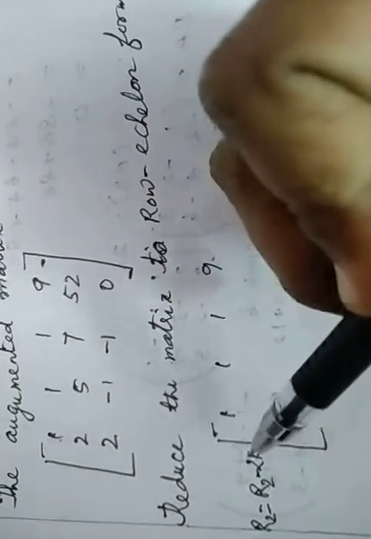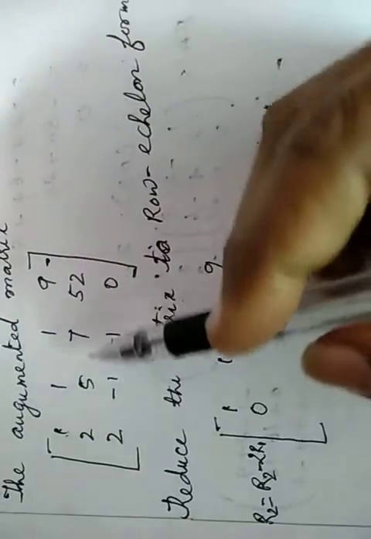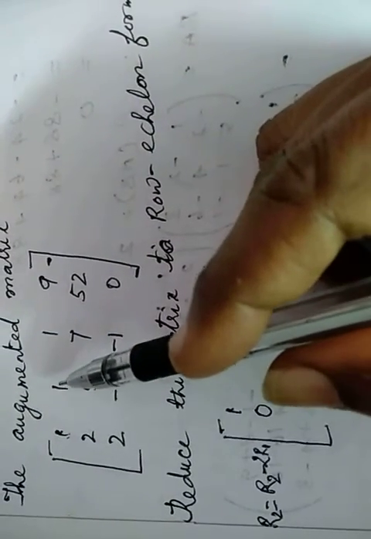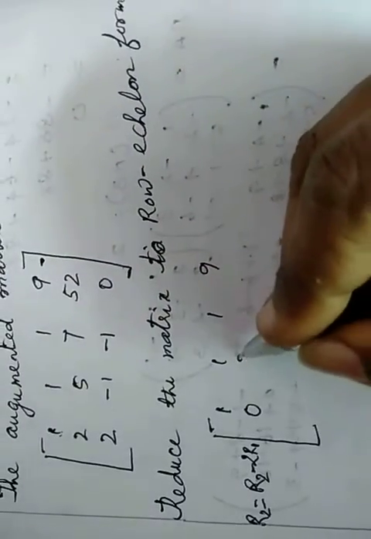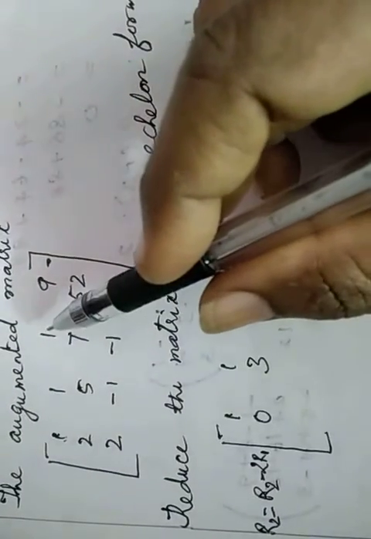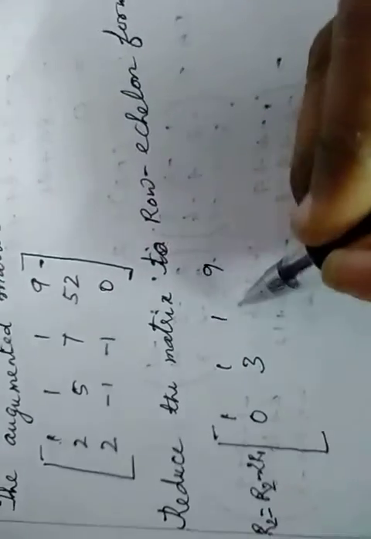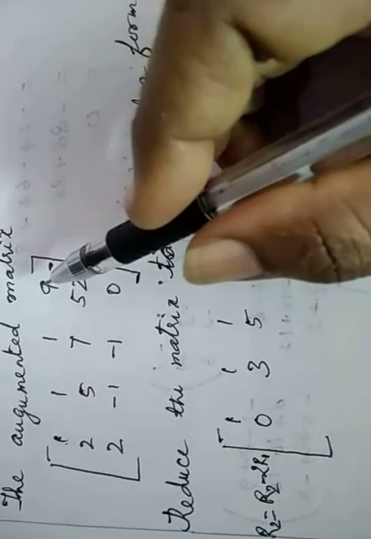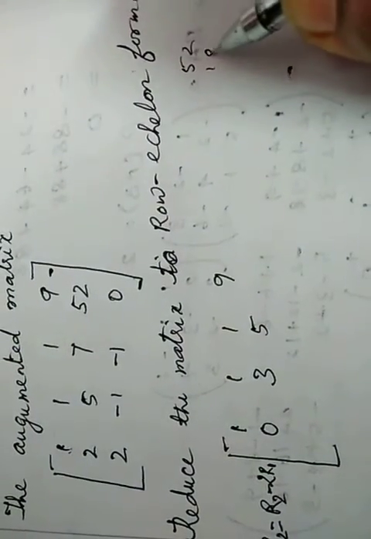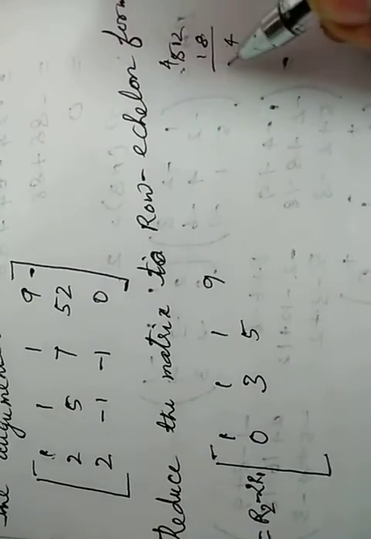R1 here is 1, so 2 into 1 is 2. 2 minus 2 is 0. Again, 5 minus 2 into 1, 2 into 1 is 2, so 5 minus 2 is 3. 7 minus 2 into 1, 7 minus 2 is 5. 52 minus 2 into 9, 2 into 9 is 18. When you subtract, you will get 34.